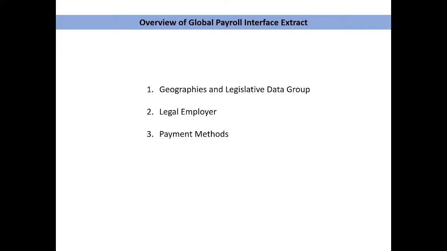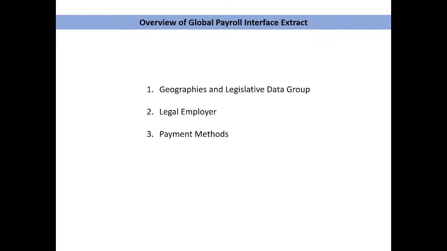For all other data, global payroll interface reports the top of the stack record that's effective within the specified extraction window. You can use the BI Publisher template to send the extract data to the payroll provider, and copy this extract definition to generate a custom flow with the same name as the extract.